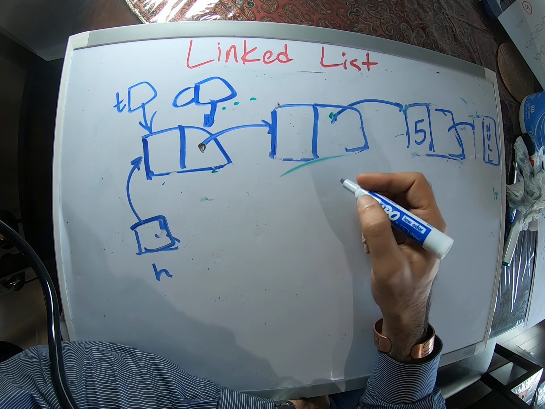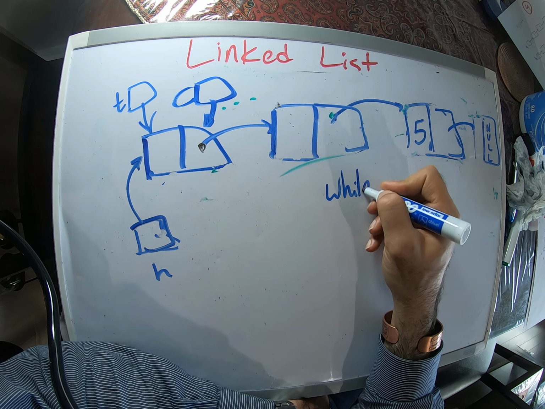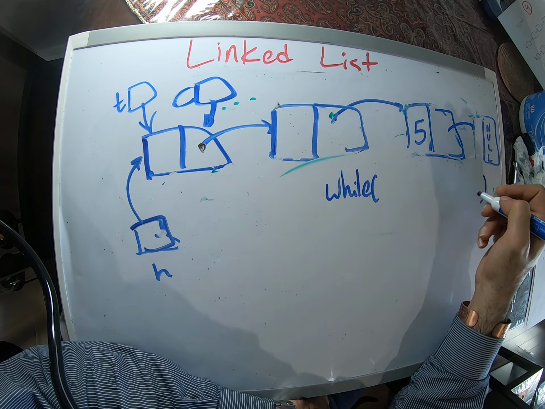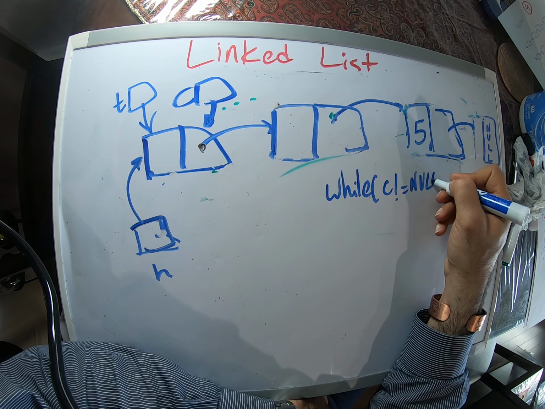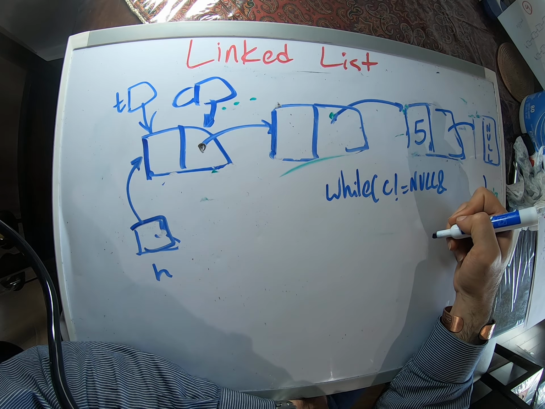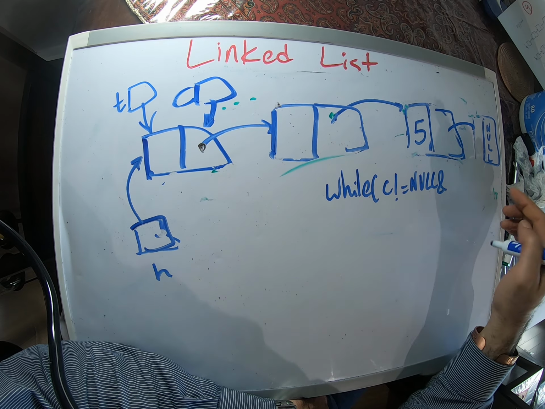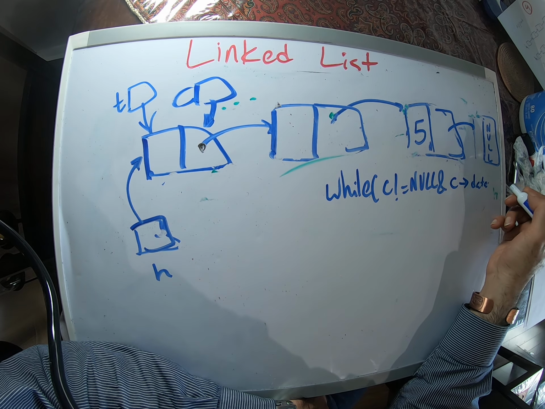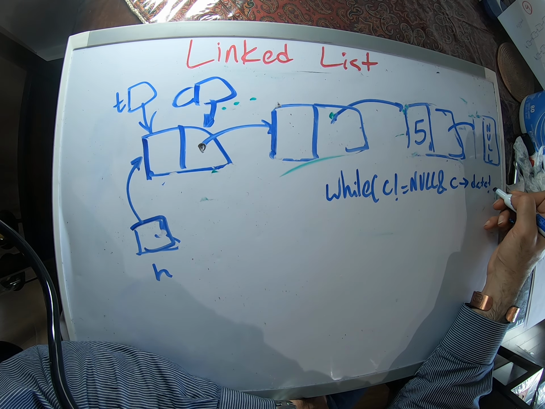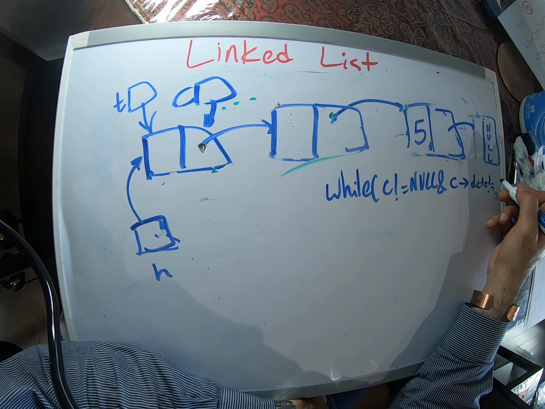Okay, so I'm gonna write a while current is not equal to null and current arrow data is not equal to 5.